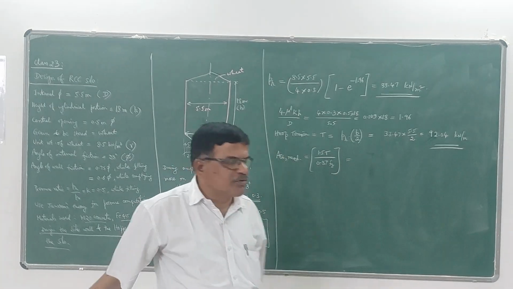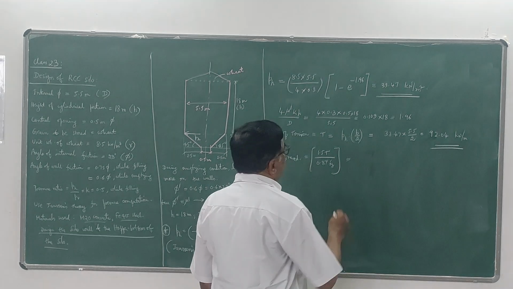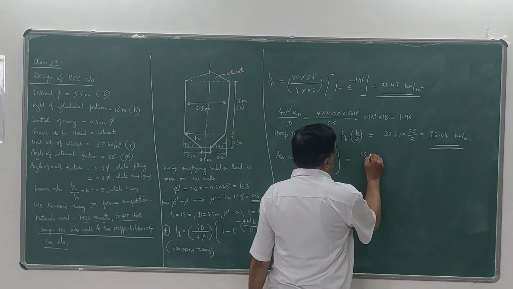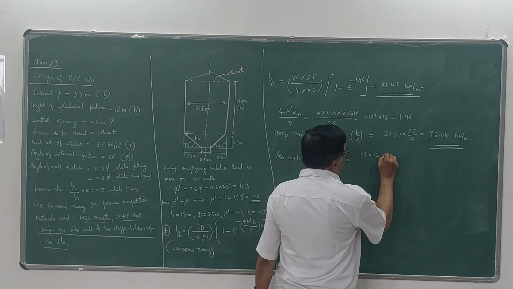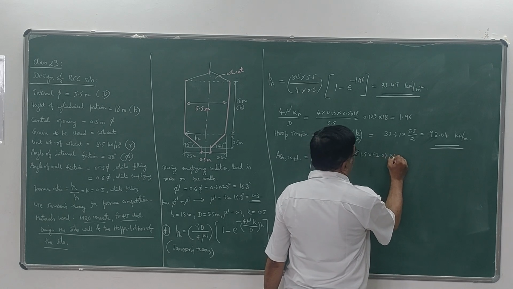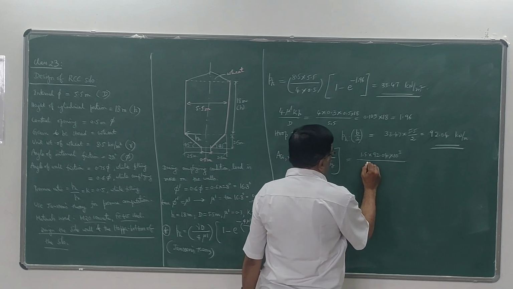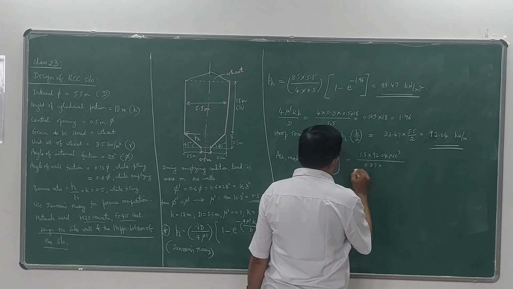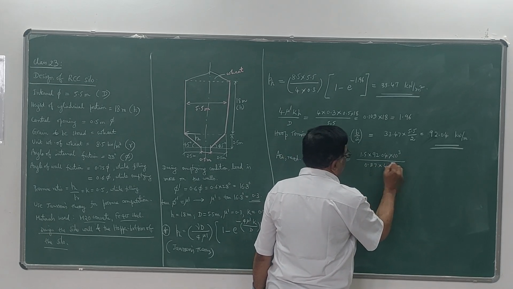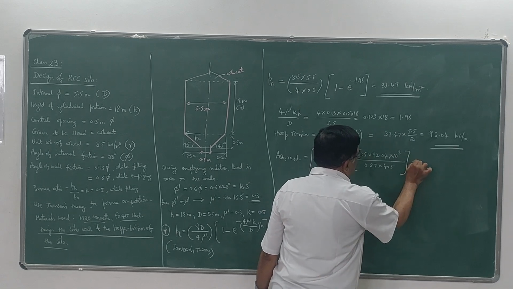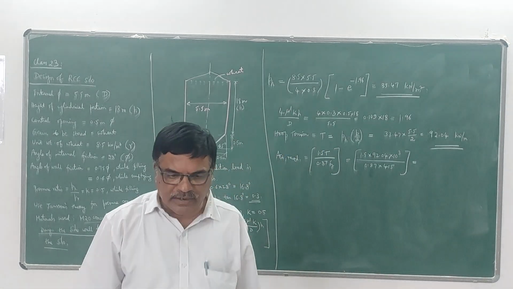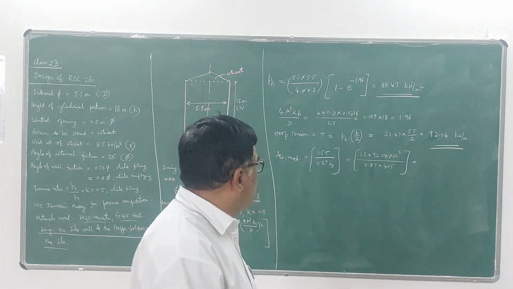Normally you will get under reinforced only. So 1.5 times 92.04 into 10 power 3, because we have to write in newtons, divided by 0.87 into Fe 415, fy is given. Therefore, fy value is 415. So you are going to get the value of AST in millimeter square.